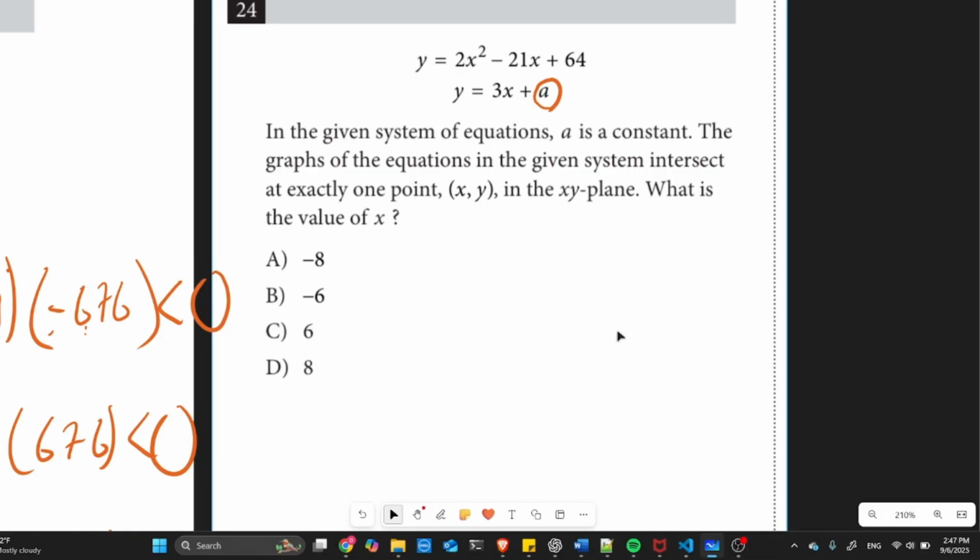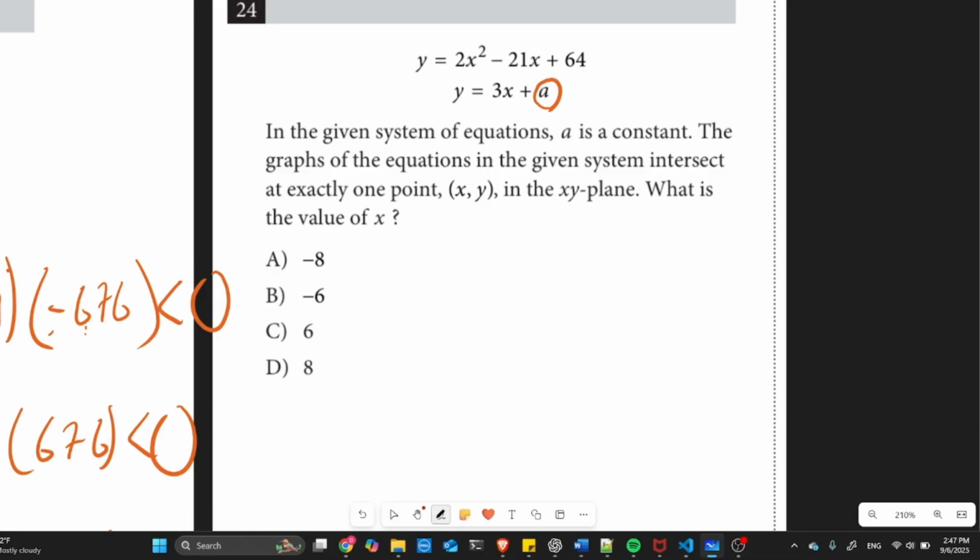This question is slightly different. There's two equations here. Normally, when you're given two equations, whether it's linear or like this quadratic, the solution is where they intersect. If they don't intersect, then there's no solution, right?